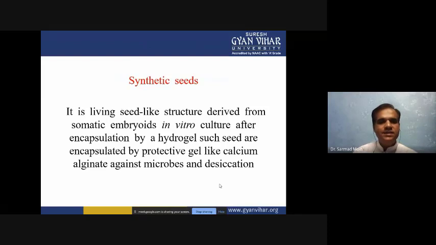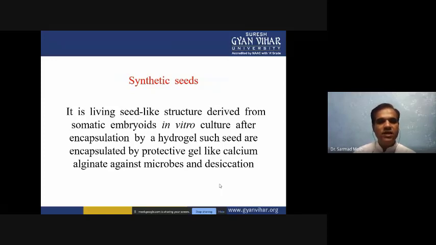If we see the synthetic seeds, there are two types of structure in the synthetic seed. The inner, living part is the somatic embryo, and the somatic embryo we have to encapsulate. This encapsulation can be compared with the seed coat, and we can produce it with hydrogel and other protective gels like calcium alginate.